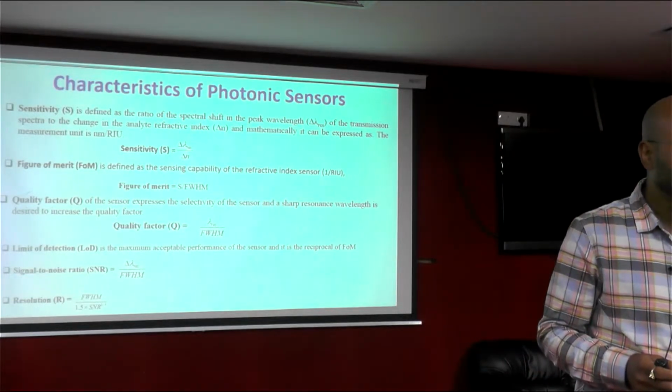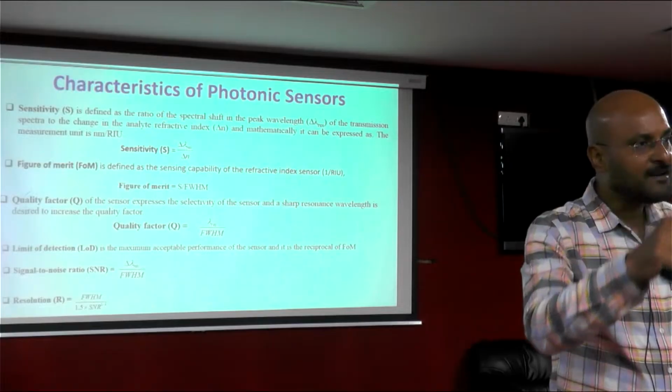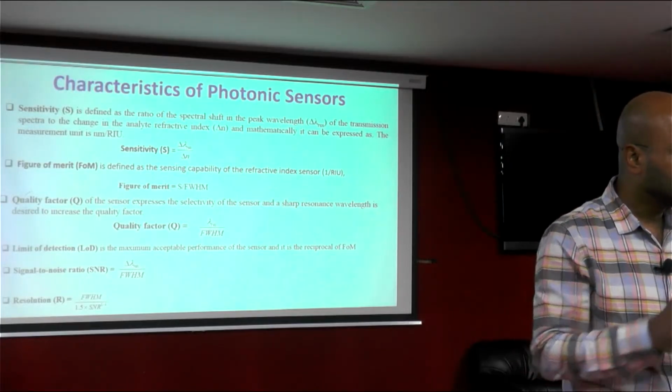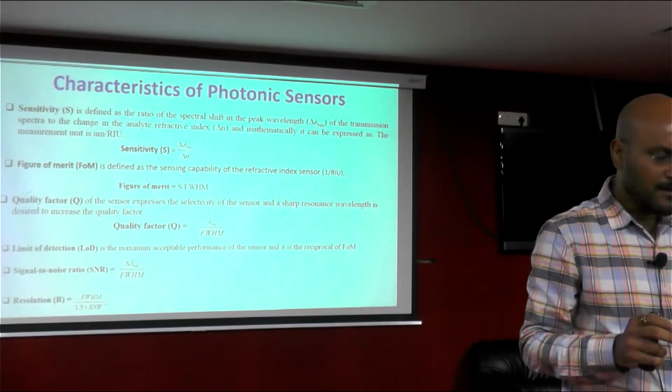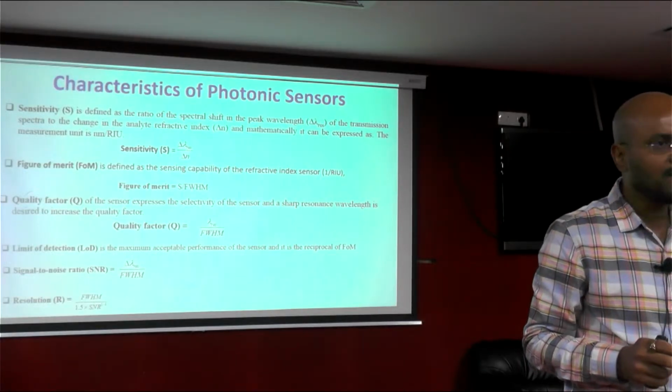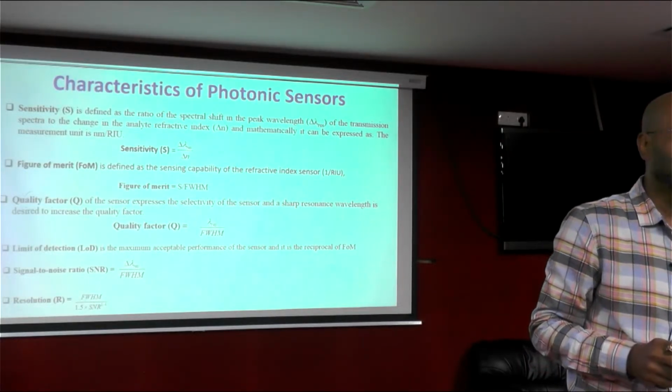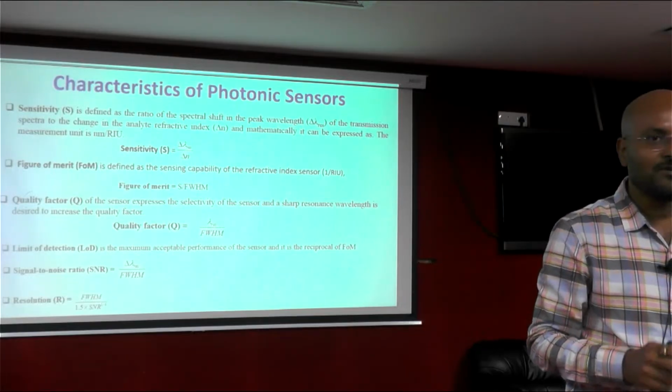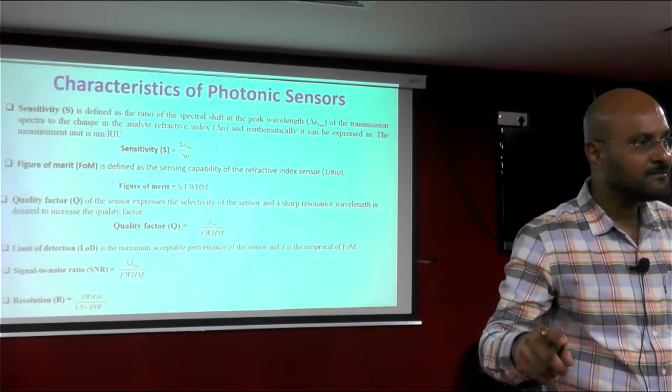For a normal person, you will get a spectral wavelength. Some wave you will get, that corresponds to a wavelength. And you have a sample of an infected person. That sample will give another wavelength.